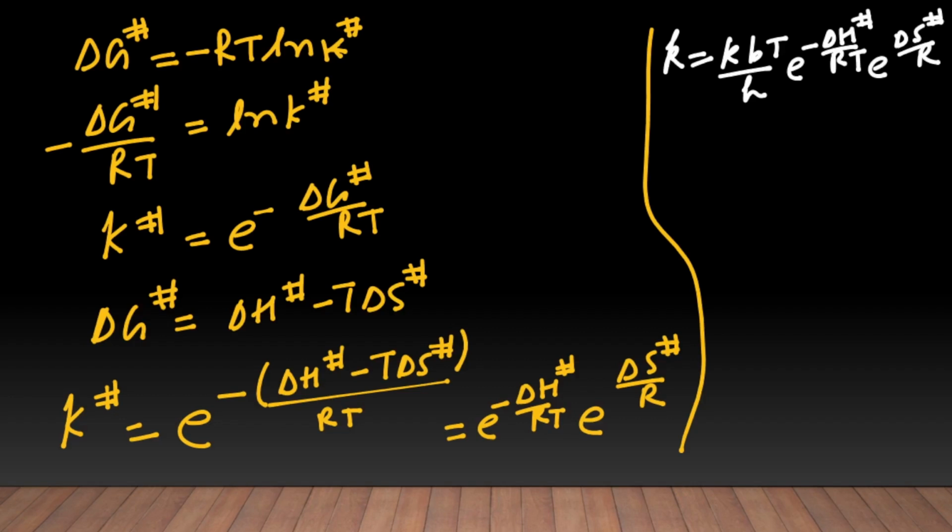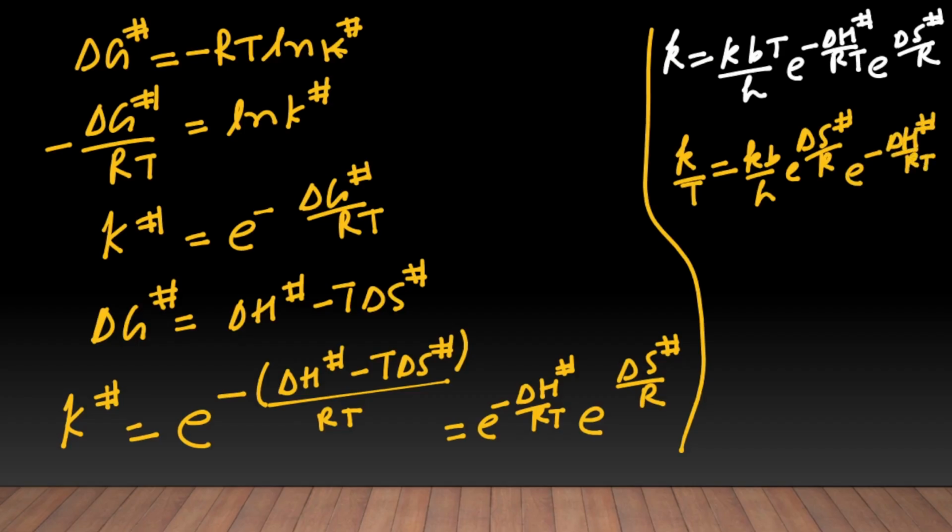So you can take the temperature to the other side. It becomes k by T equal to kB upon h, e raised to the power of delta S dash upon R, into e raised to the power of minus delta H dash upon RT, right?